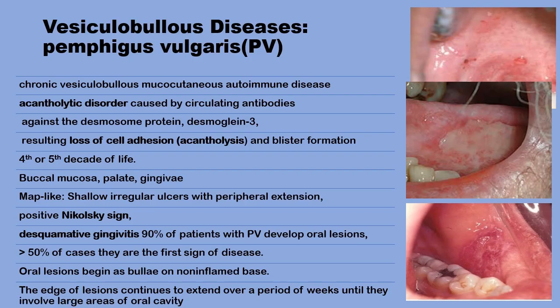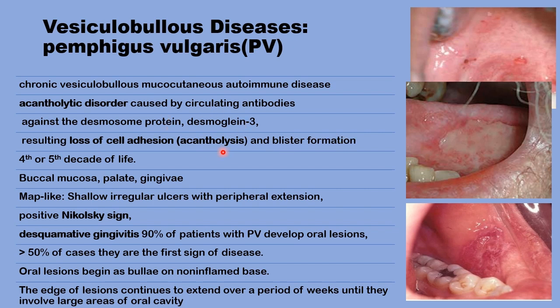And then there is the group of the blistering dermatoses, the vesiculobullous diseases, starting with the pemphigus vulgaris. This is a chronic vesiculobullous mucocutaneous autoimmune disorder. It's acantholytic as the circulating antibodies against the desmosome protein lead to a loss of cell adhesion, acantholysis, and blister formation.